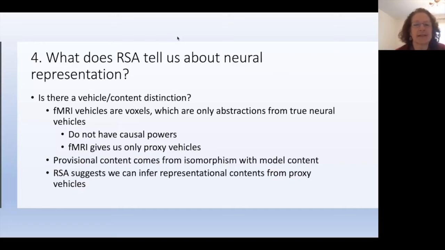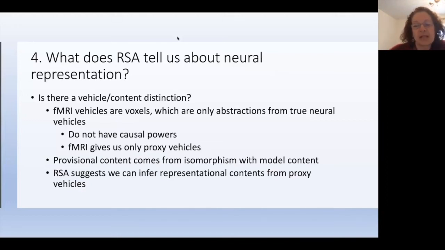So what I like to think of this as doing is giving us proxy vehicles. They're not the true vehicles of content, but they are nonetheless based upon or dependent upon what we presume the true vehicles of content are, which are neurons or populations of neurons. I think you can infer representational contents from proxy vehicles, with the understanding that the true vehicles that do have causal powers are essentially a subset of these proxy vehicles.